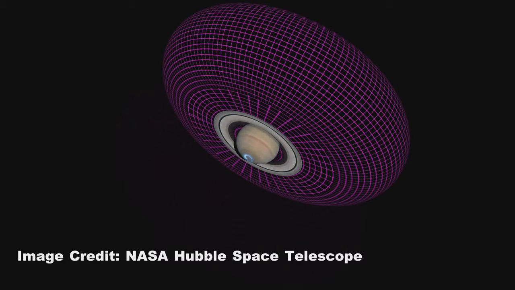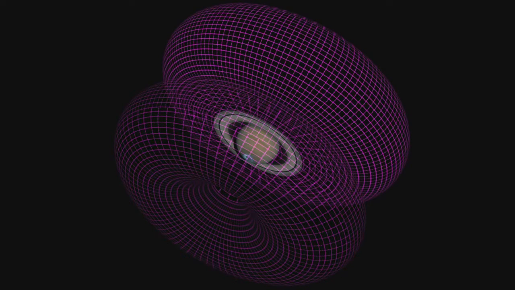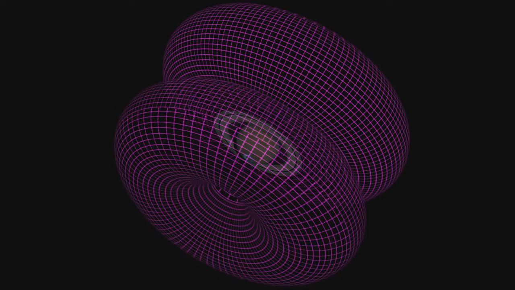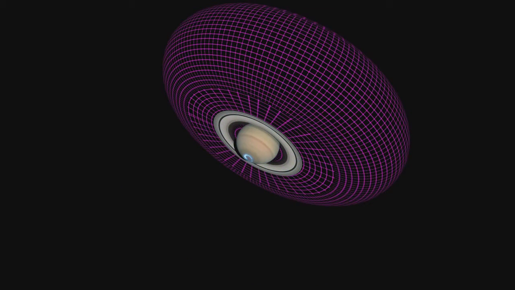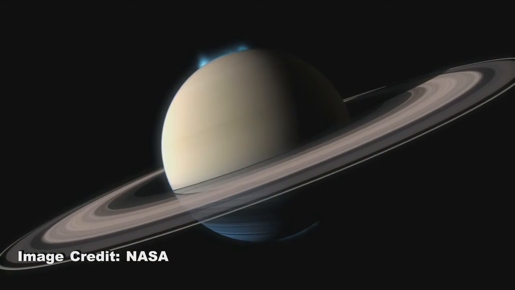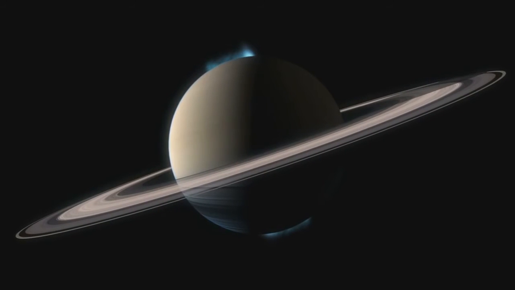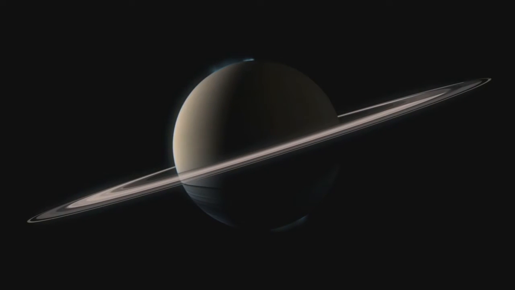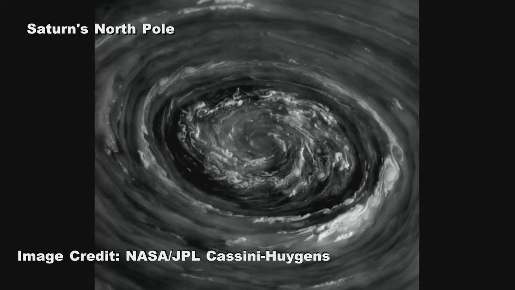Shown here is the basic magnetic field structure that exists around Saturn. Then this image of Saturn's North Pole captured the interest of the whole world.